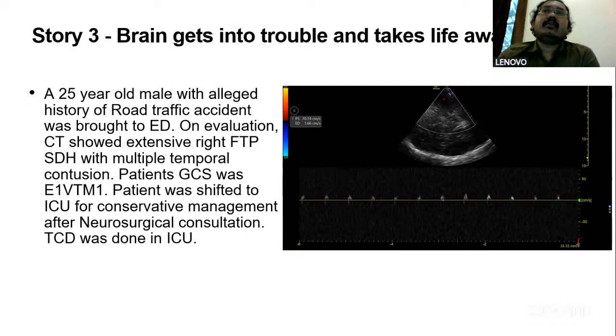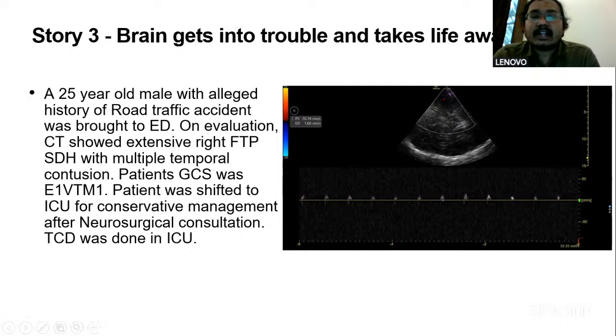Such patients can also become potential organ donors, so we took this patient into the ICU and started our conservative management.